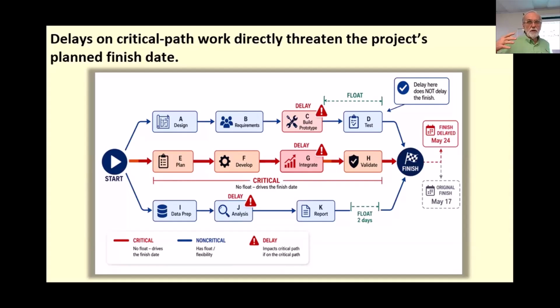Okay, so the critical path activities are driving the schedule, essentially. And it doesn't mean that a delay in a non-critical path item can't be a problem. If it delays long enough, it can wind up on the critical path itself. In other words, if you eat up all the float and push into another path, the activity can move onto the critical path.